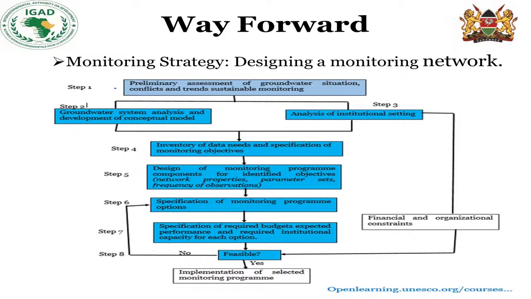So under the monitoring strategy, first there is need of preliminary assessment of groundwater situation, assess conflicts and trends towards sustainable monitoring, and then carry out groundwater system analysis and development of conceptual models, followed by the analysis of institutional settings.